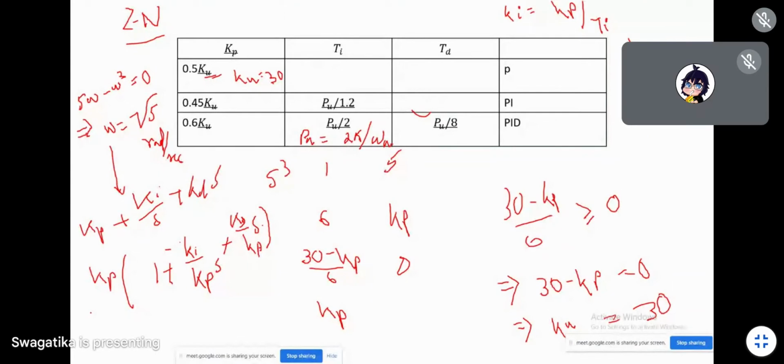So now you can take let Ti equals to Kp divided by Ki and Td equals to Kd divided by Kp.